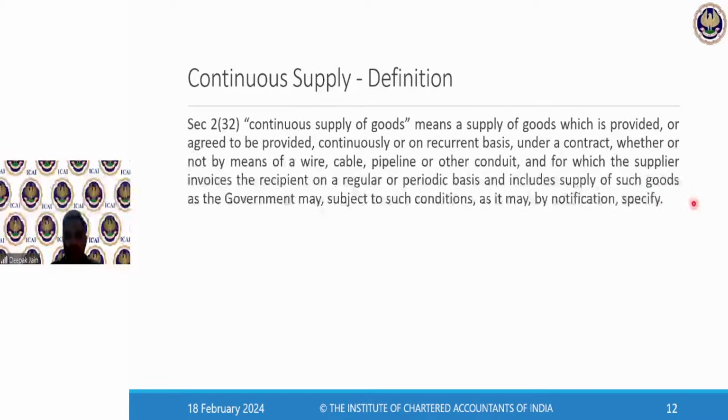So basically, continuous supply means a supply of goods which is supplied continuously or on a recurrent basis under a contract.